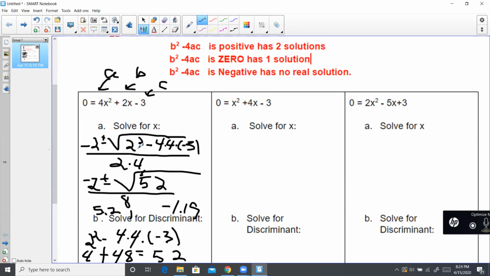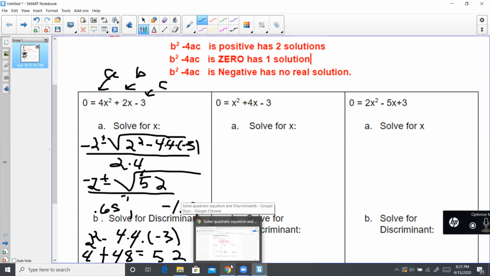Let me go back and make sure, because this was over 8. So let's do that again. It's negative 2 plus the square root of 2 squared minus 4 times negative 3, divided by 8. I forgot to divide that by 8. So this right here needs to be 0.65.